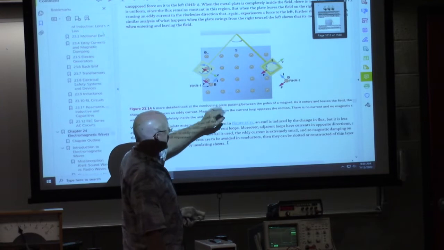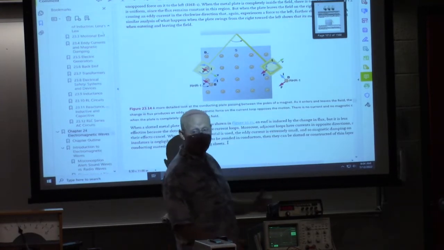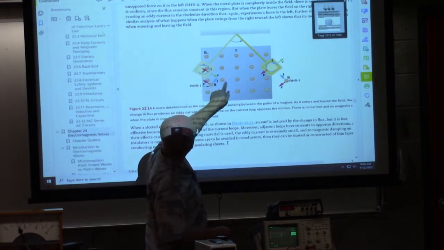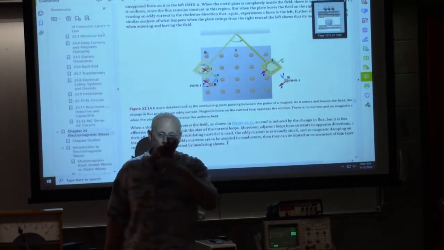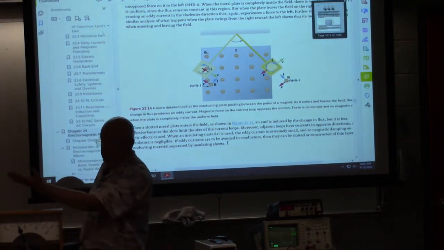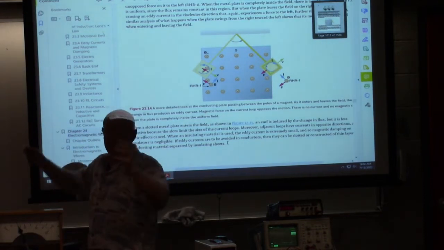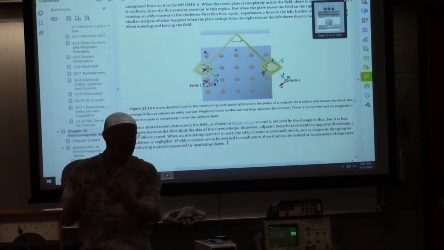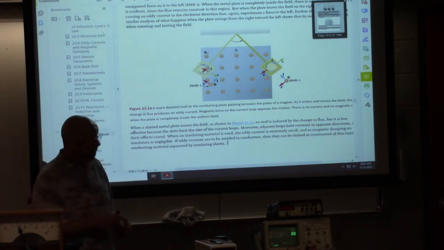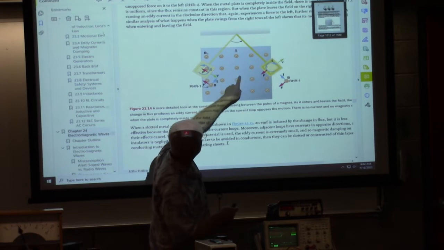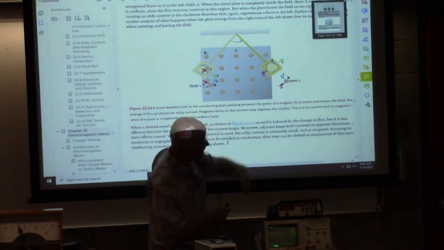Now, as it is exiting, or maybe I should say in between, this one's got a small enough metal piece that there's a point where the whole metal piece is actually in the field. It's the opposite for mine. I've got a big metal piece on a smaller magnet. So there's never a time where all of my metal piece is in the field. But in your author's picture, there is a moment, let's say when it was swinging right here, where it was actually in the field.